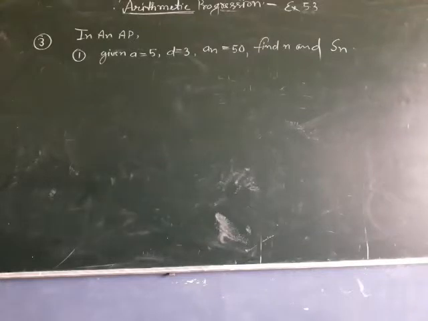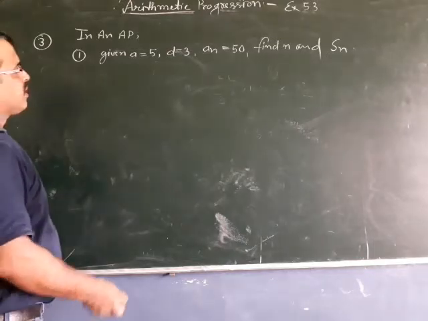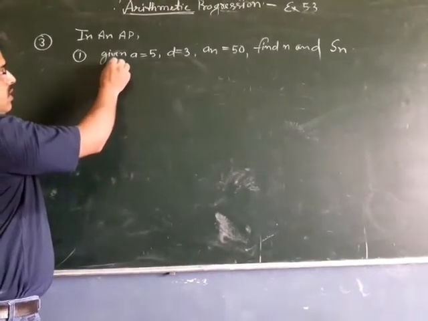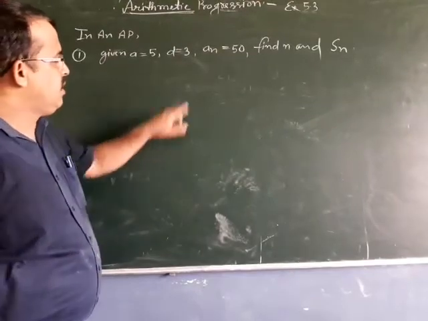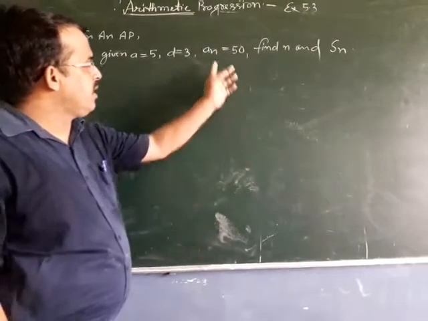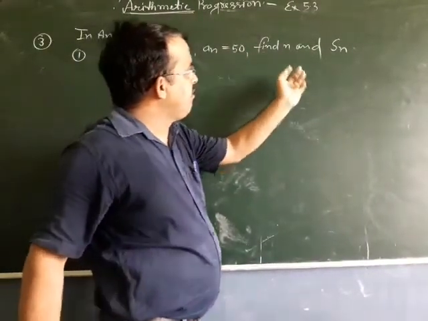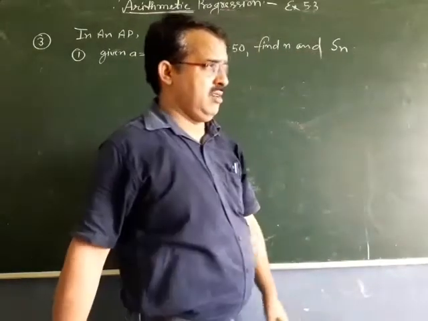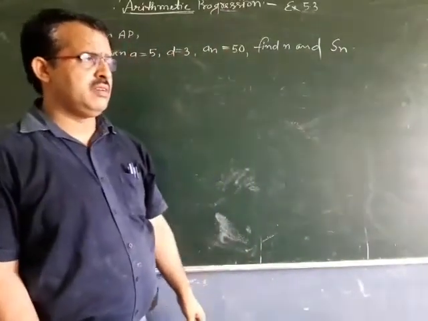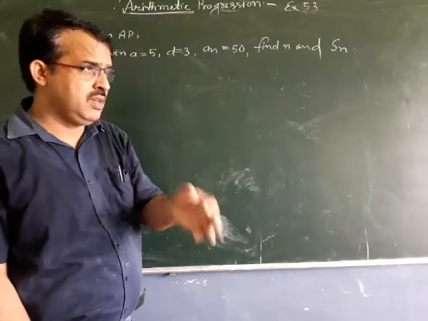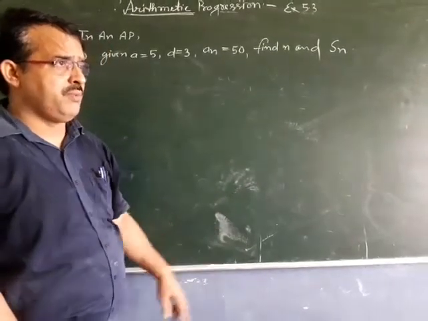Now, the third question. In an AP, the first one given is a is equal to 5, d is equal to 3, an is equal to 50. Find n and Sn. Just like question two, we discussed some minutes before.